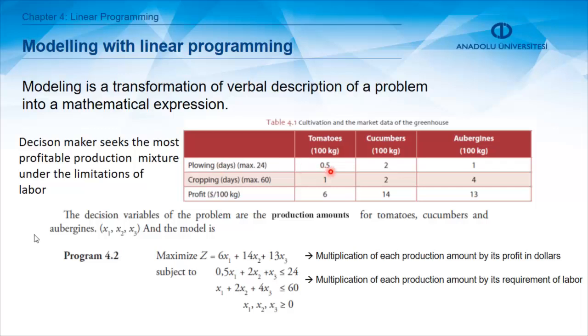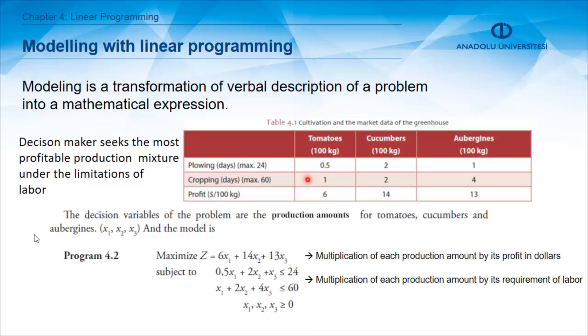For plowing, it's 0.5 days for x1, plus 2 days for x2 and 1 day for x3. The summation of these three must be smaller than or equal to the number of possible laboring days, which is 24. And for cropping, we can write down the constraint in a similar approach. It's a multiplication of each production amount by its requirement of labor for the cropping process.